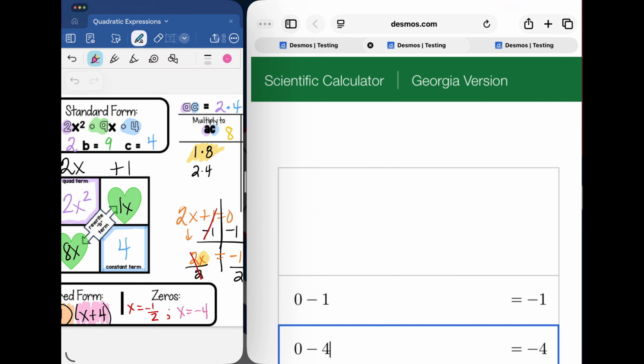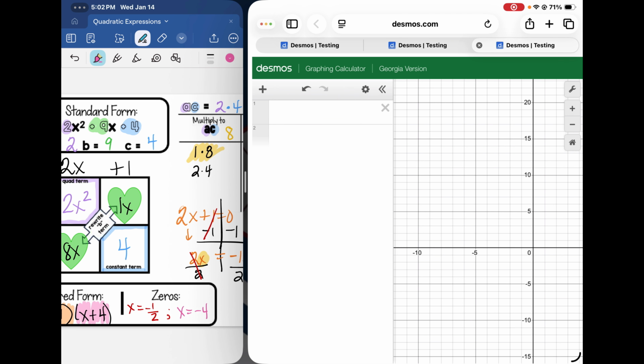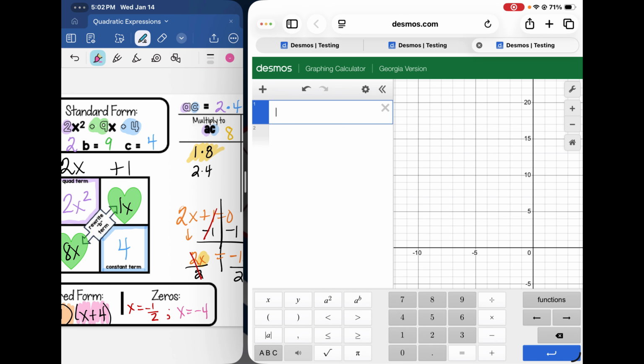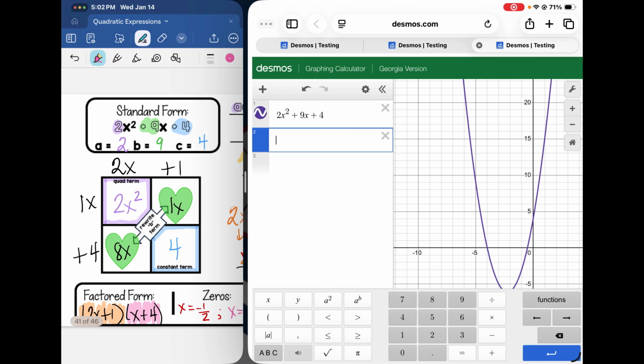So we're going to go to our Desmos graphing calculator to check our answers. So my original standard form was 2x squared plus 9x plus 4. And the factored form that we got was 2x plus 1 times x plus 4. And they match, which means it's right.